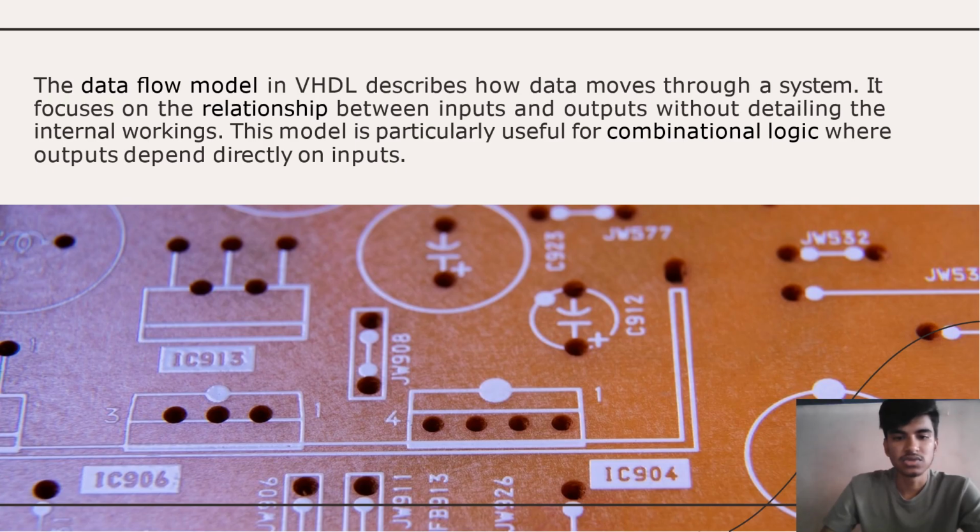The model is used to describe combinational logic where the output depends directly on the input and there are no memory elements involved. It helps create clear, efficient designs as it focuses on how the signals progress and how they flow across different modules.